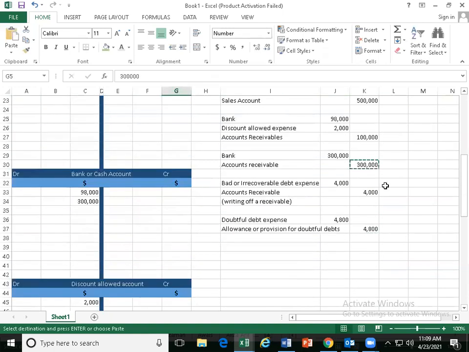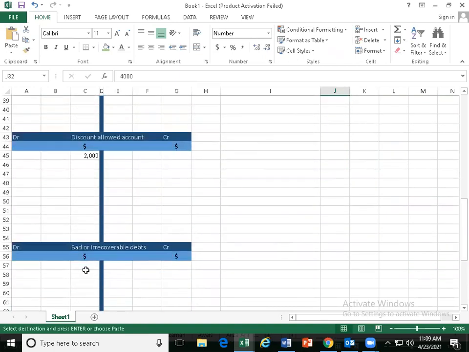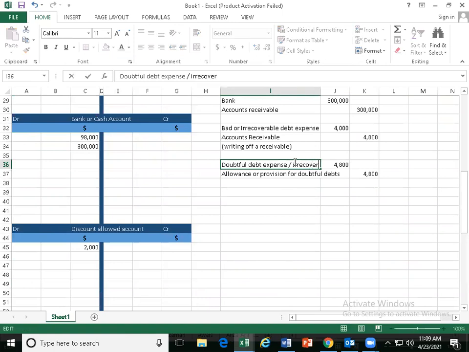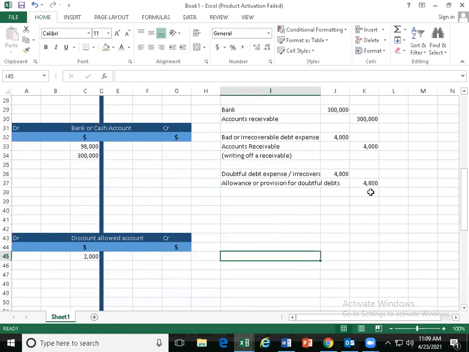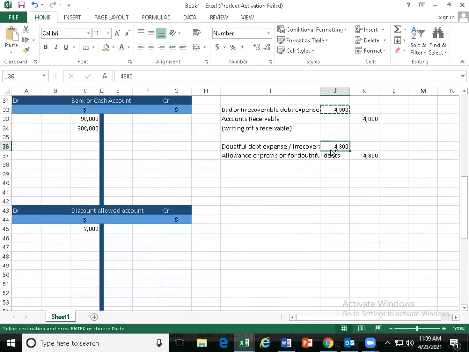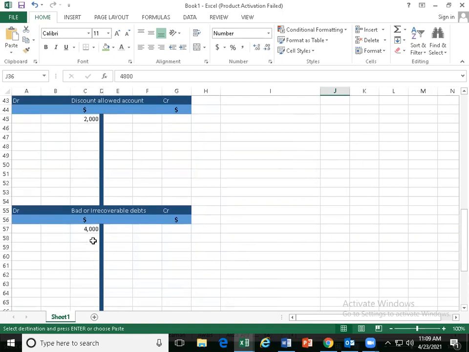Okay. Then bad or irrecoverable debt expense. And this doubtful, I can actually make it irrecoverable rather than making another account. Right? So this 4,000 first of all goes here. No, that's gone already, sorry. That 4,800 now.